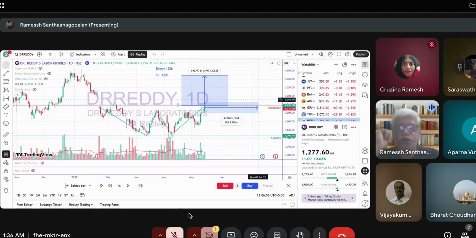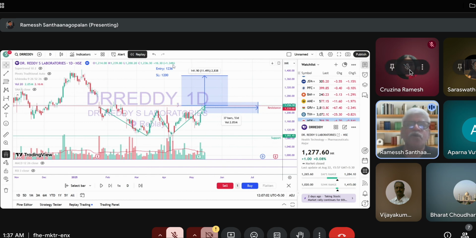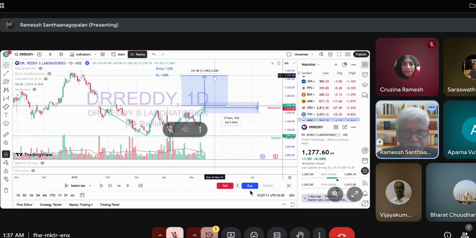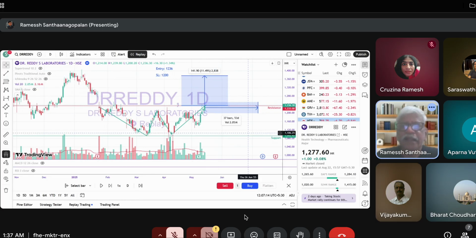Correct. So if the stock breaks out and closes above 1236, the stock is expected to go up by 11.5%, and the target will be reached on or before 7th of July.